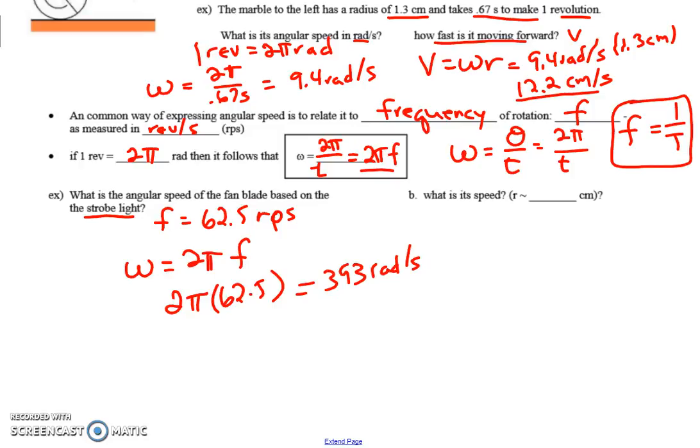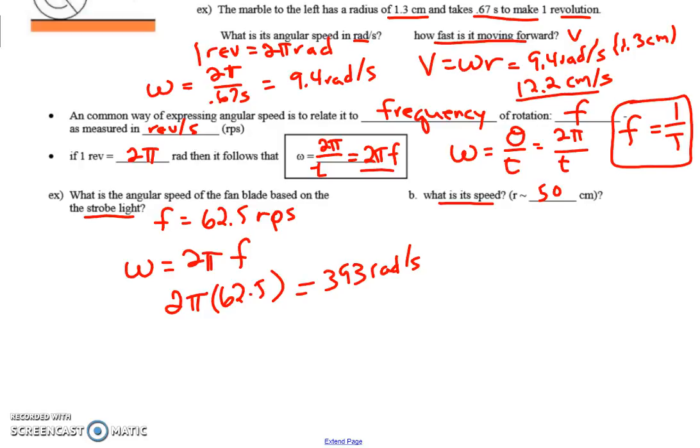I suggest that you do this the long way, converting 62.5 revolutions per second to radians and then doing what I just did there, to convince yourself that this turns out the same way. The 2 pi f is a shortcut way of doing it. And then we can ask, how fast is any point on the outer edge of the blade moving if r is roughly 50 centimeters? Now I'm not exactly sure what the radius of the fan blade is, but we can look at that more tomorrow.